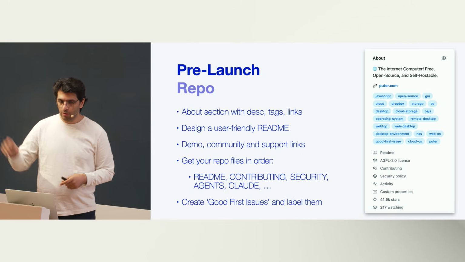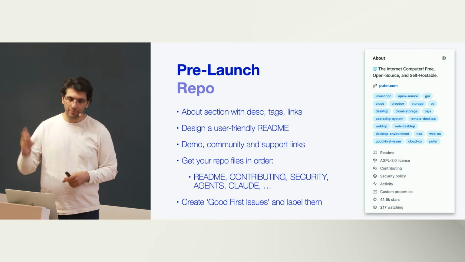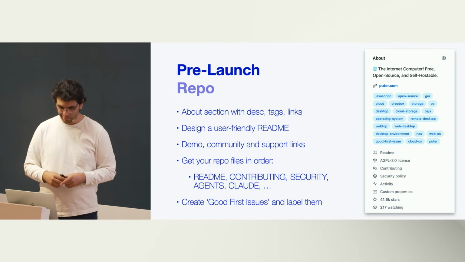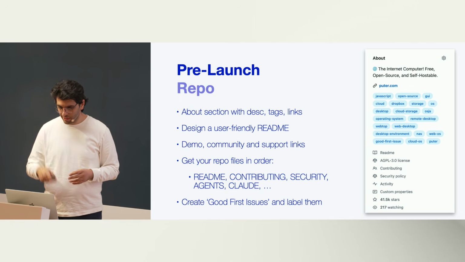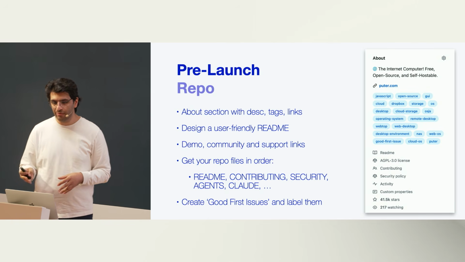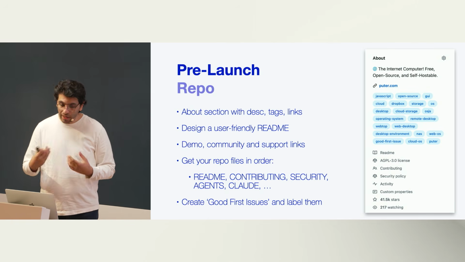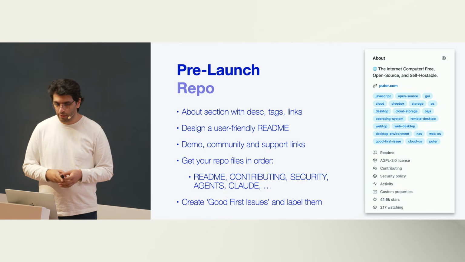Fill it in with your project description, add a link to your project website or the hosted version or the demo, and add a bunch of tags. Don't be as spammy as I am. I think this is too many. I should remove some of them, but add relevant tags. They do help bring traffic into your repository.